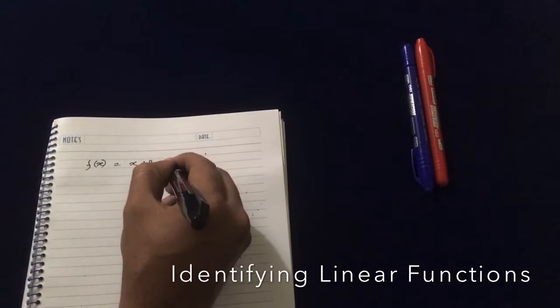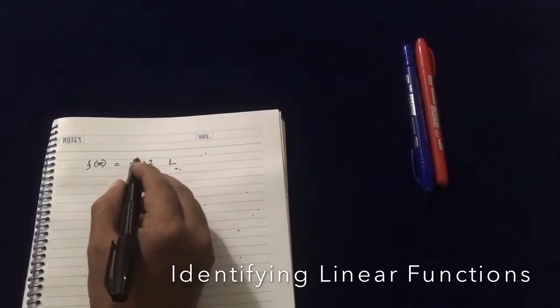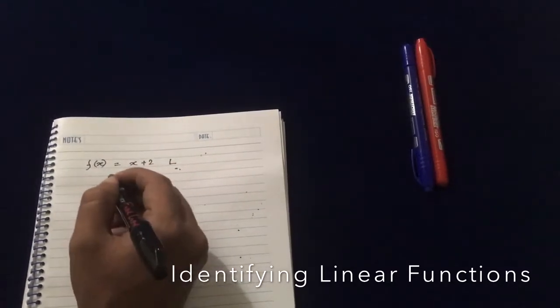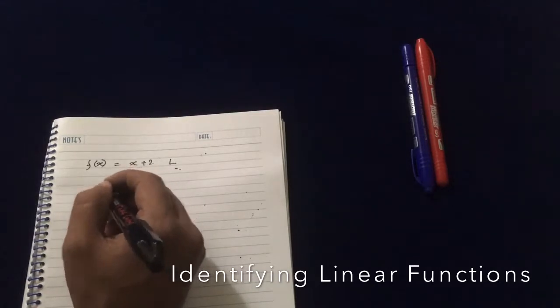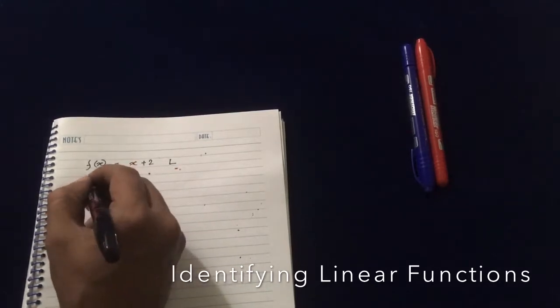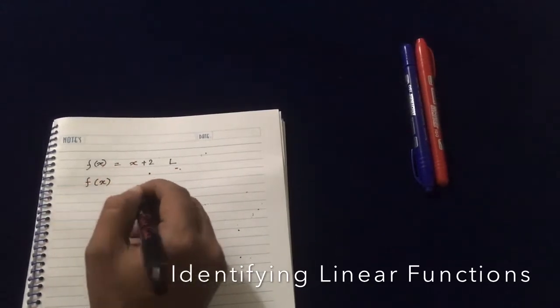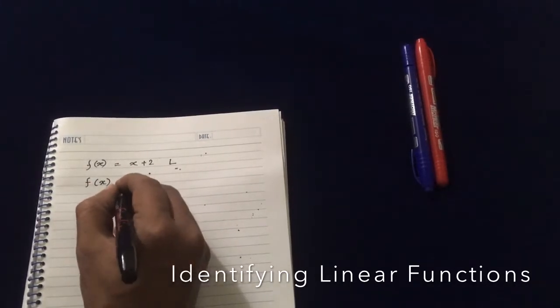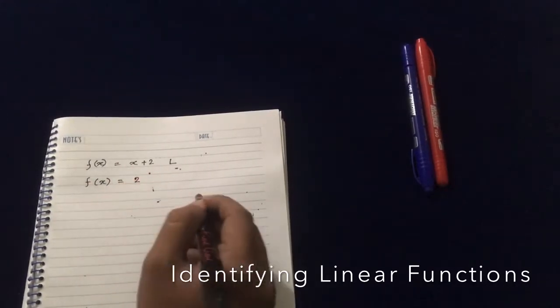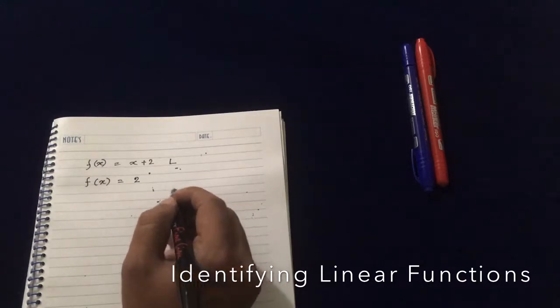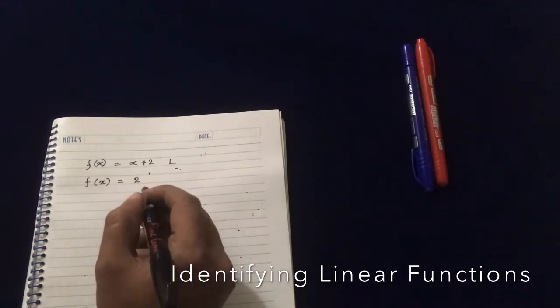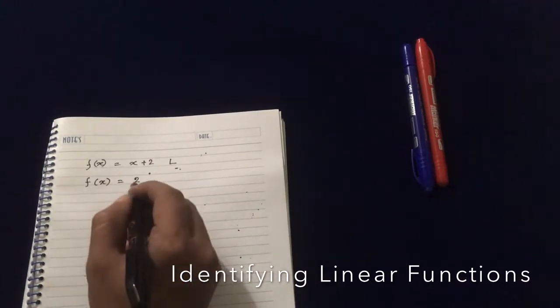Okay, so this is linear because the power is 1. This is a linear function. Then if I write f(x) equals, let's say, just a number, let's say 2, is it a linear function? Answer is yes, because this is just a constant function.